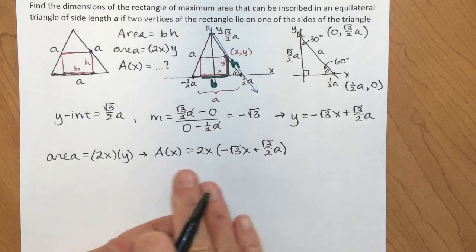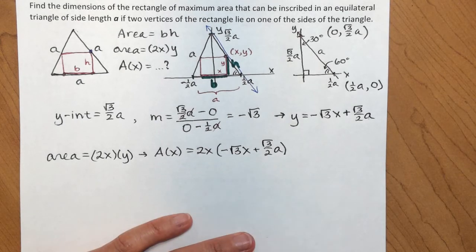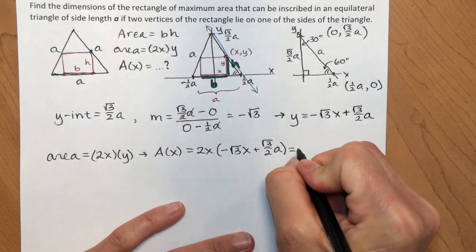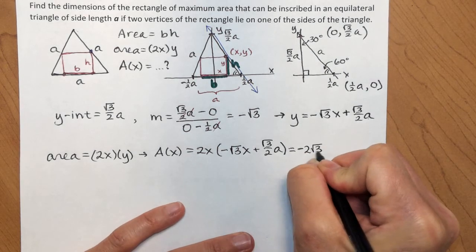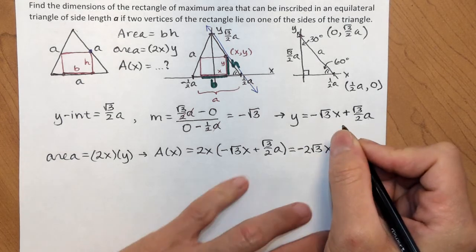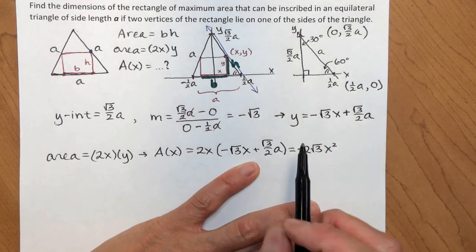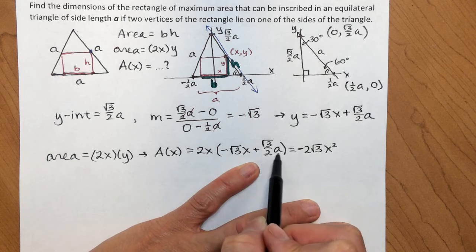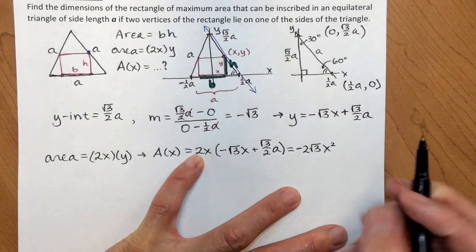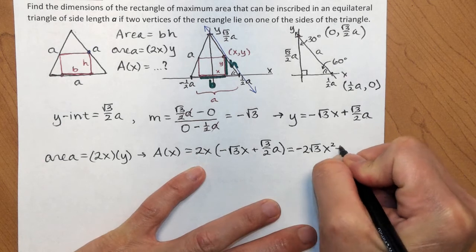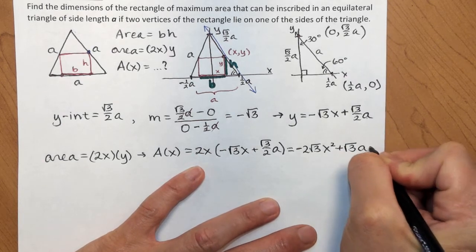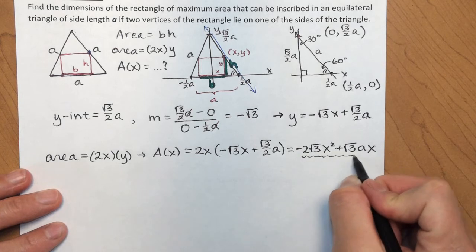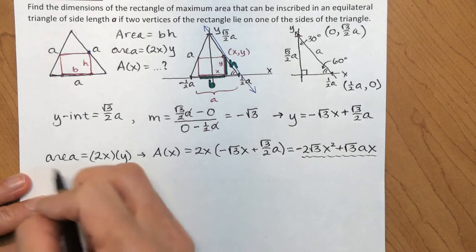First I'm going to multiply this out so that I don't have to use the product rule. So that's going to be negative 2 root 3 x squared plus, when I multiply 2x times root 3 over 2a, the 2's are going to cancel, and I'm just going to have root 3ax. So this is my area formula, and now I am ready to take the derivative.